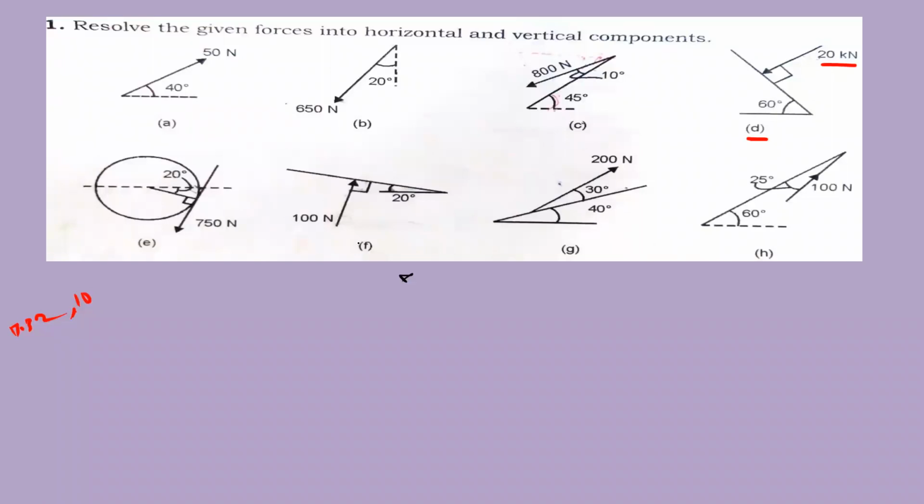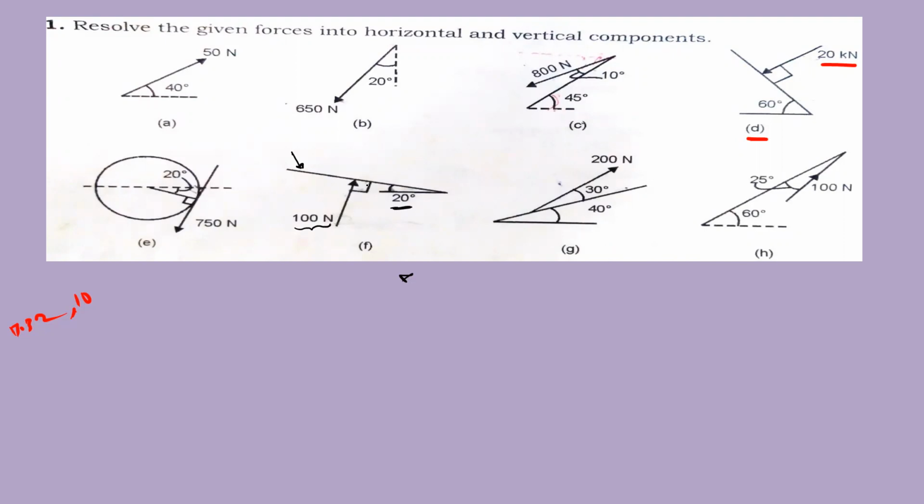Now for question F, the force is 100 Newton, and the vector is perpendicular to this line, and this line is inclined with the x-axis or horizontal by 20 degrees. Here for the 100 Newton, the angle is not directly given with respect to either the x-axis or y-axis.